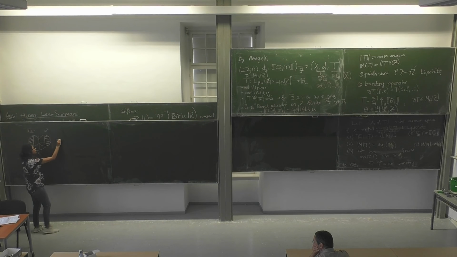And then my map is going to put these two halves and make them a circle. So this is X with the Euclidean distance, and this is a disk. The map that translates this part to this and this part to this is going to be an isometry.